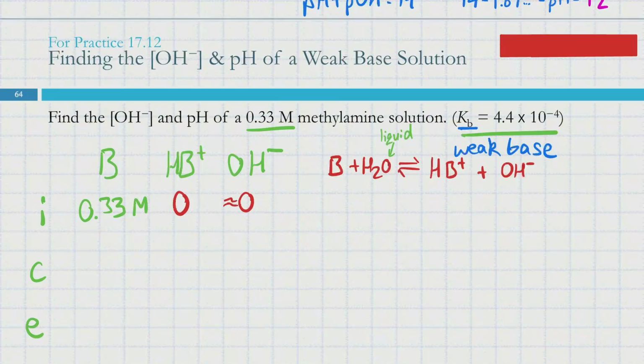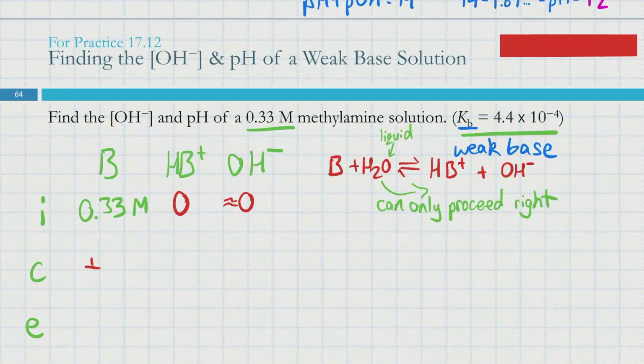Since we initially have 0, absolutely 0 of our HB plus, this reaction can only proceed in the left to right direction. So it can only proceed in the forward direction because we don't have any of one of our products. So we can't move in the opposite direction.